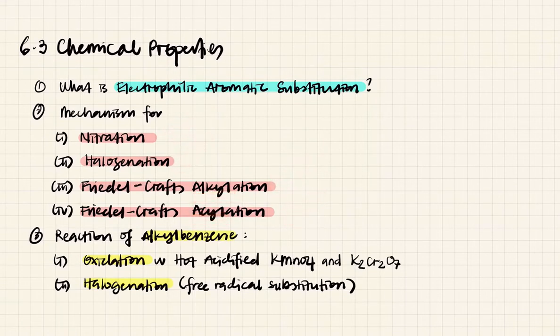Okay, so itu untuk benzene punya reaction. And then you have reaction of alkyl benzene. That means that you have a benzene with an alkyl group attached to it. So those derivatives will undergo oxidation and halogenation.